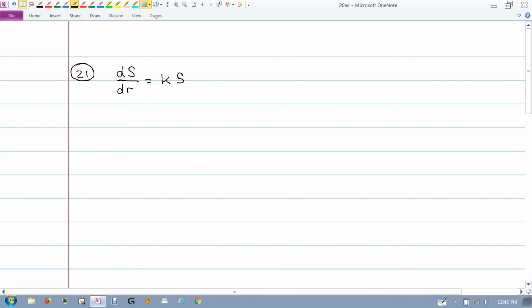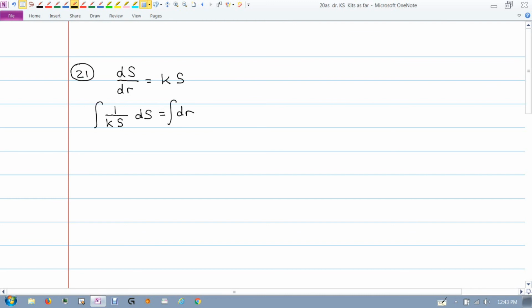So what we need to do is get our dR and our dS on separate sides. So I will divide through by KS, and that'll give me 1 over KS dS equals, and then I multiply both sides by dR, I get dR.